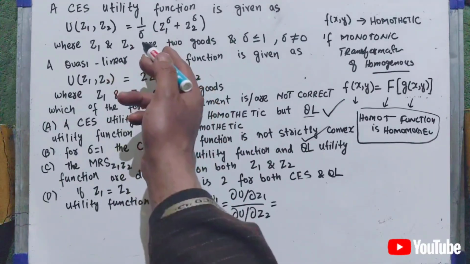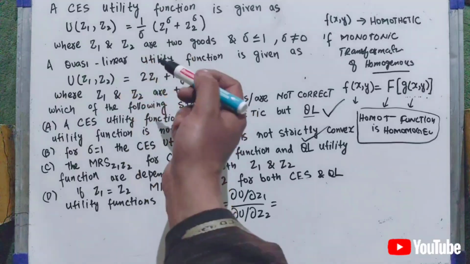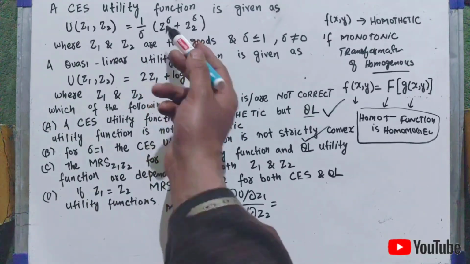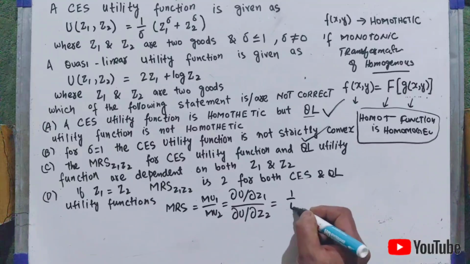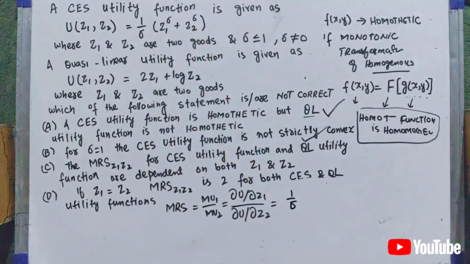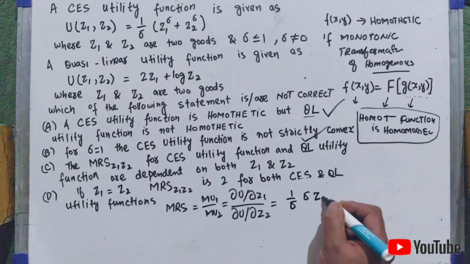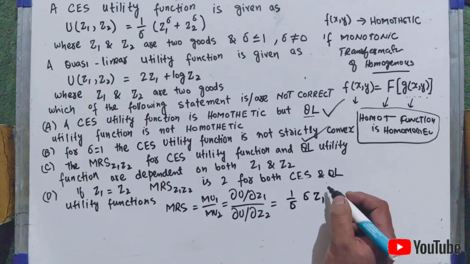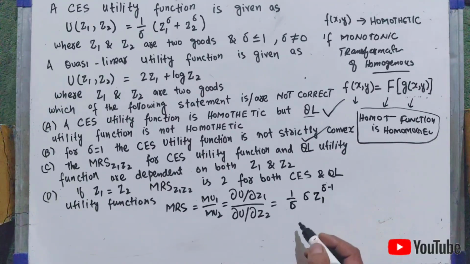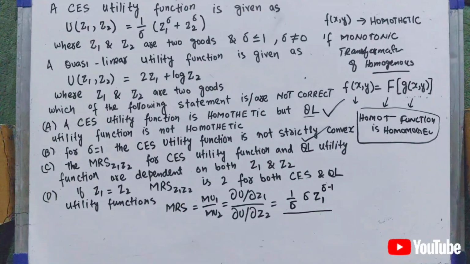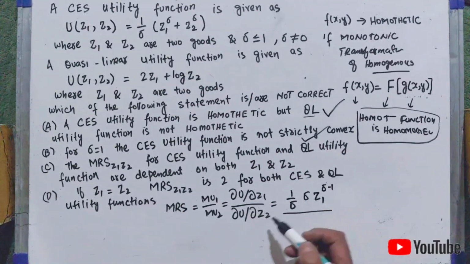So we have 1 upon delta. The derivative of z1 raised to the power delta becomes the coefficient delta, and we are left with z1 raised to the power delta minus 1. The derivative of the other term will be 0 because we are taking the partial with respect to z1.